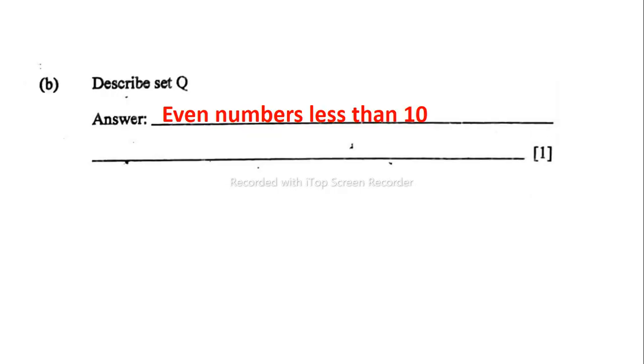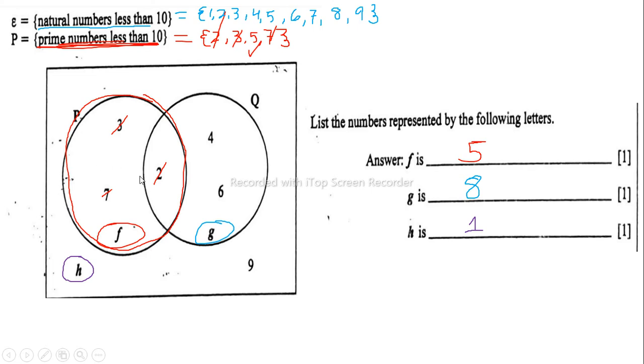You could explain that, because let's look at this: 2, 4, 6, 8. Oh yeah, I was thinking Q is the outside. I just remember Q is the set.